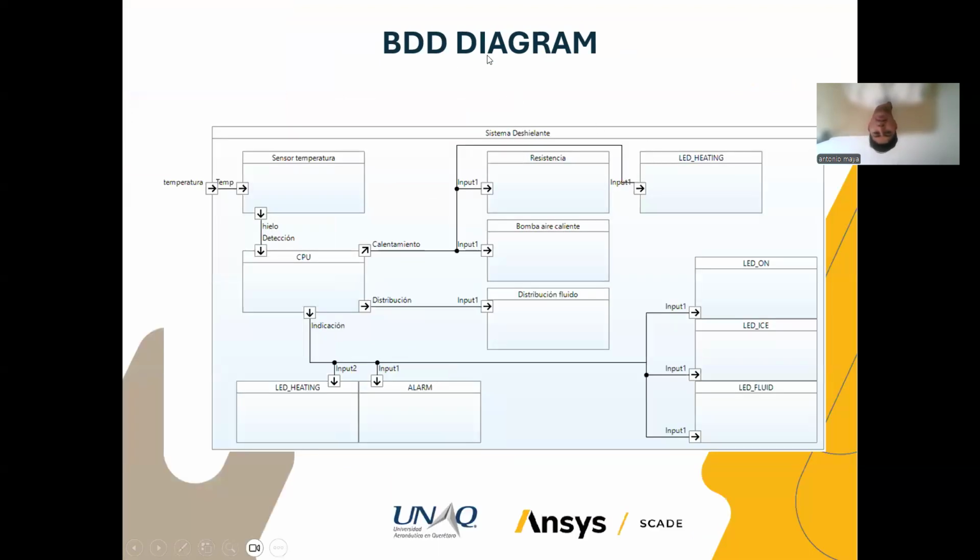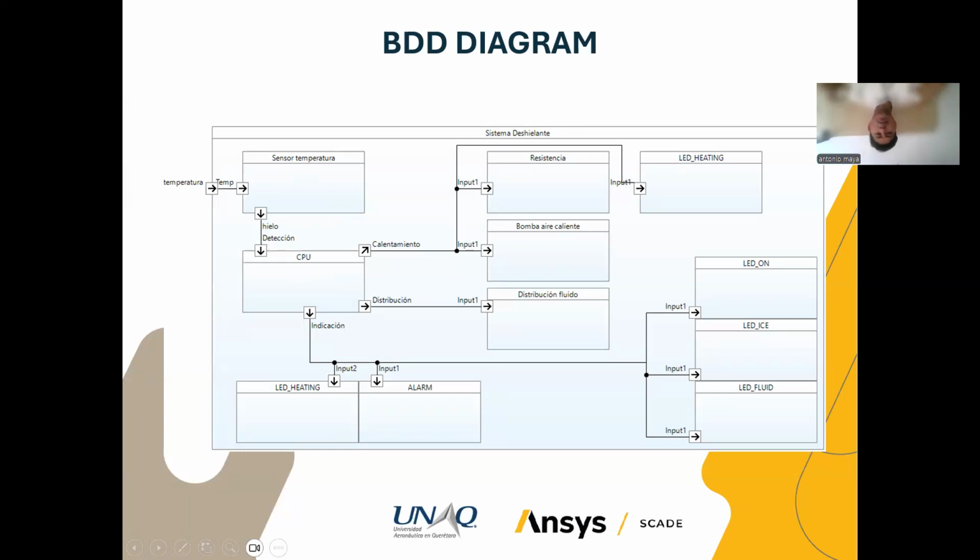Then we have the BDD diagram. This block definition diagram indicates the integration of all the systems interconnected. So we have the temperature sensor that is going to have a temperature in the input, and it's going to pass its data to this variable.